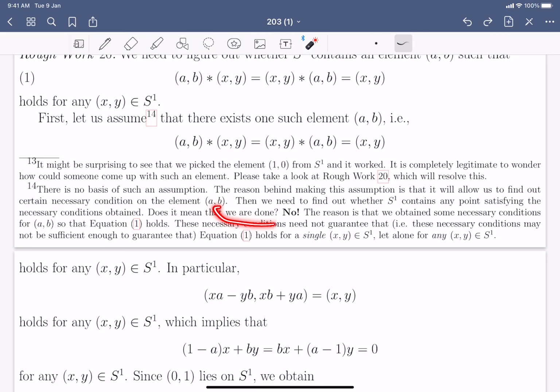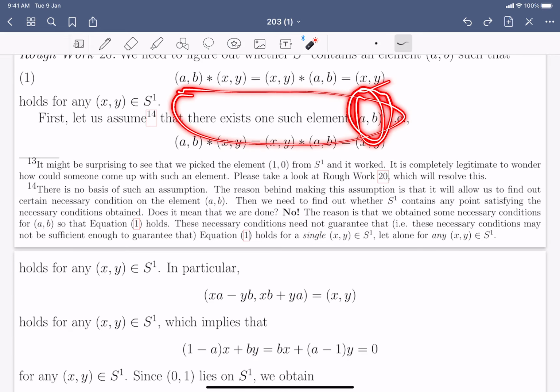But no, that will not do, because if you assume that there is one such element that works, and you are able to obtain certain necessary conditions for A and B, even then it does not say that you have found such an element. It only says that if there is one such element, then (A, B) has to satisfy those properties.